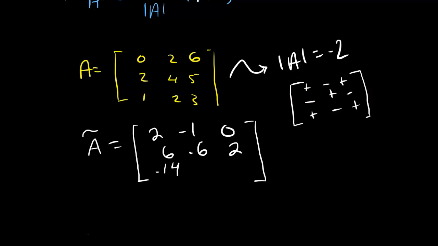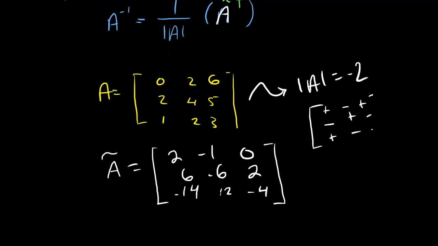So that gives us negative 12, but we change its sign, so positive 12. And in the last space, we end up with a negative 4. So here is our cofactor matrix. This is the A squiggle.